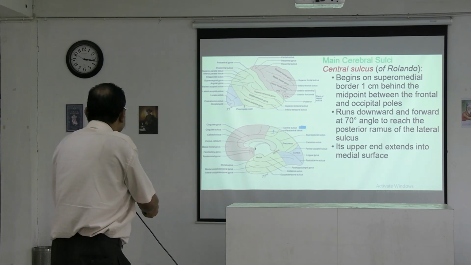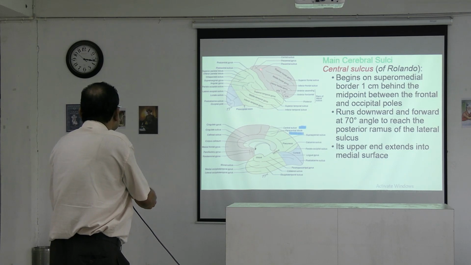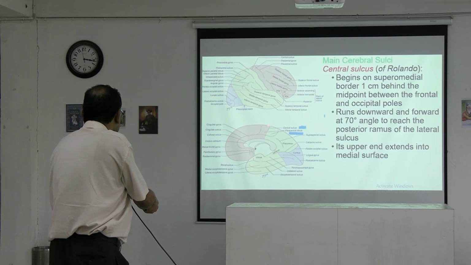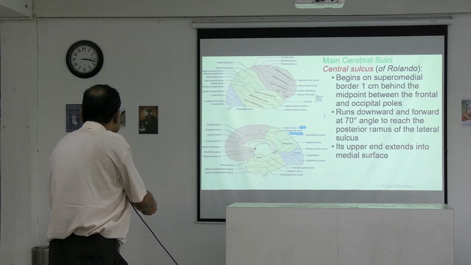But you can see here, this is the central sulcus. This goes inside the medial surface and divides this paracentral lobule into two parts. One is in front, one is behind. The part in front is the motor area, and the part behind is the sensory area.